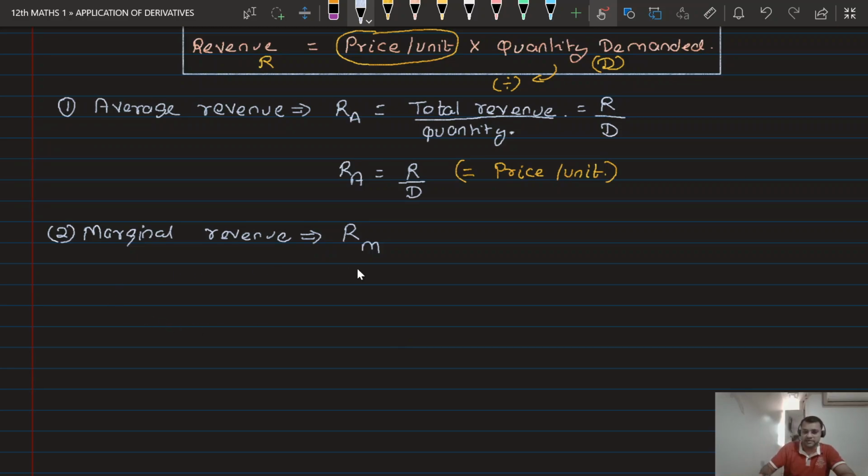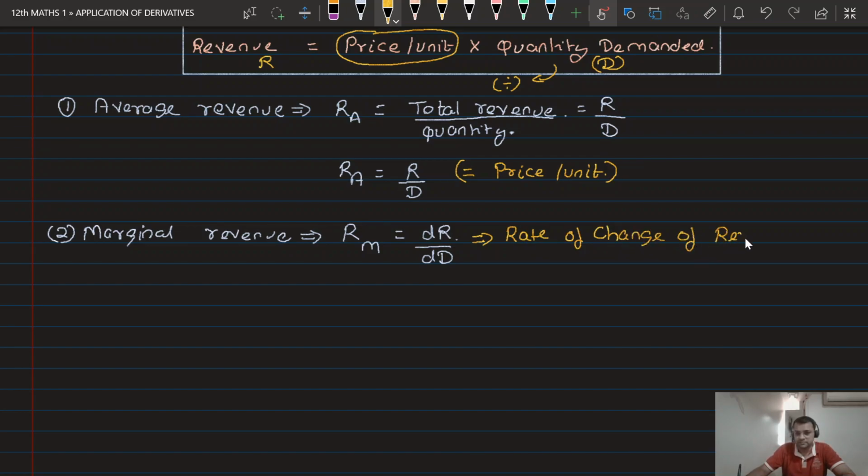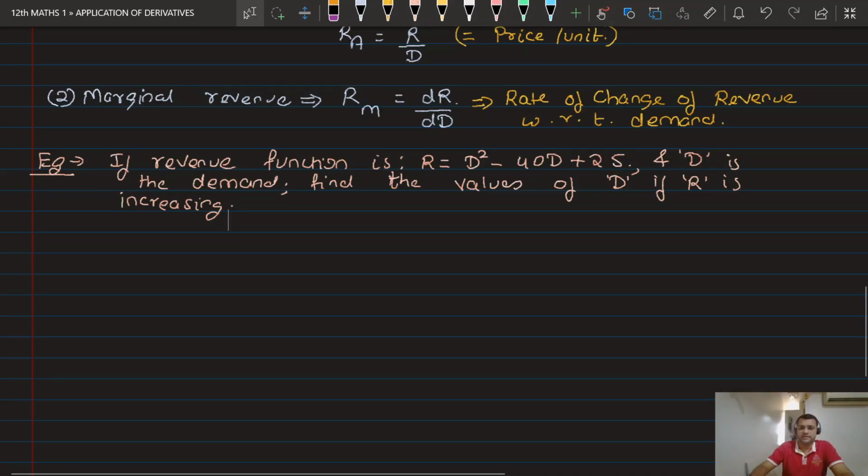So I can say that the marginal revenue over here is given by dR upon dD, because revenue is dependent on the quantity demanded, therefore the revenue changes with demand. So when I say rate of change dR by dD, it means it is the rate of change of revenue with respect to demand. So let's understand an example, guys.